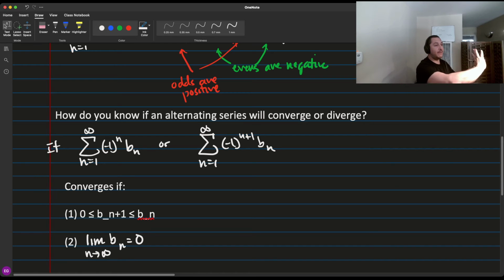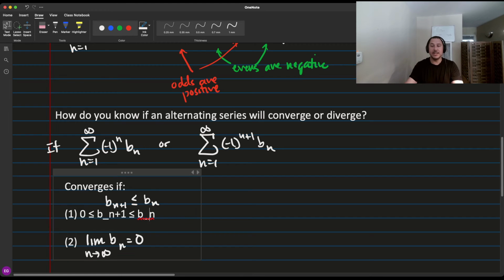You forget about all that. Take the limit of the bn part. If that goes to 0, and if bn plus 1 is always less than or equal to bn, what does that mean? It means if you look at some term bn, if the next term bn plus 1 is smaller than bn, in other words, the terms are decreasing.